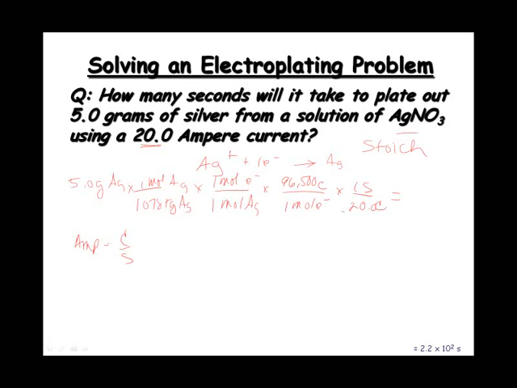If I plug and chug, I end up with 223 seconds, and from a sig fig standpoint, that's 220 seconds, because I've got just 2 sig figs in my grams.